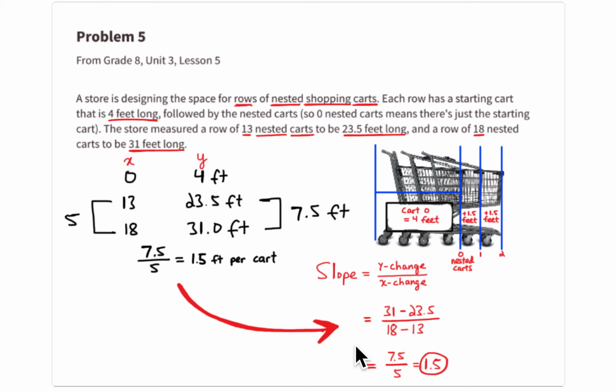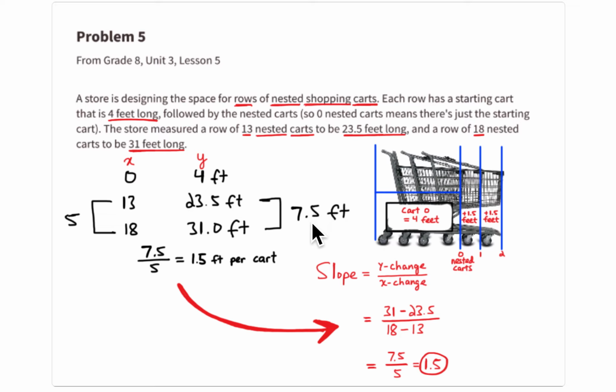Now notice, when you calculate the slope, if you have an x column and a y column, or an x coordinate and a y coordinate on graphs, the way that you calculate the slope is, what's the change in the y direction compared to the change in the x direction? Well, the change in y is 7.5 feet. So that's 31 minus 23 and 5/10.